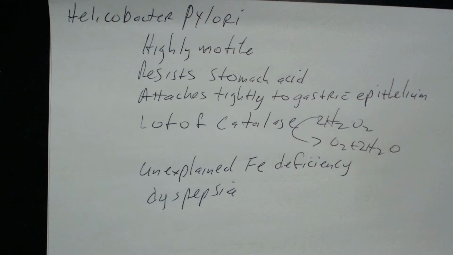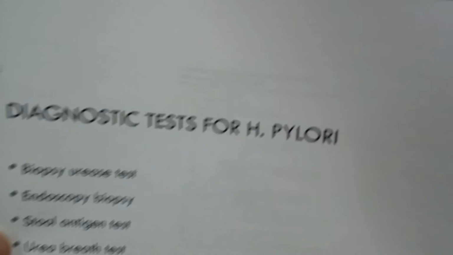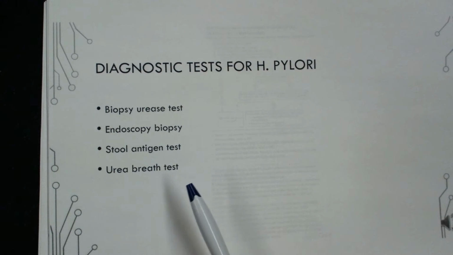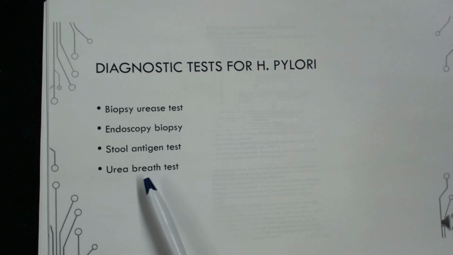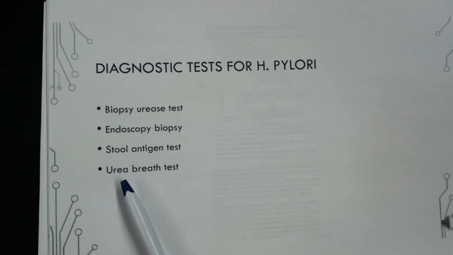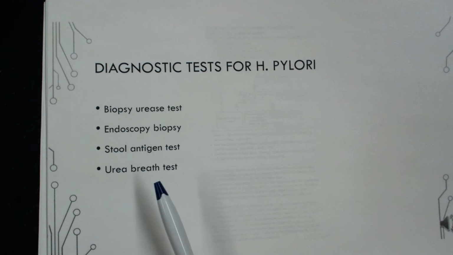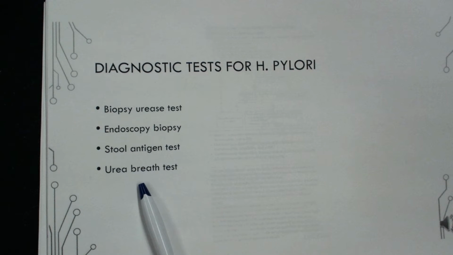And a test for this organism, there are some very good and some of them are very easy tests to conduct. So because the organism breaks down urea, there's a urea breath test. That's a test you can conduct at the bench, the bedside.